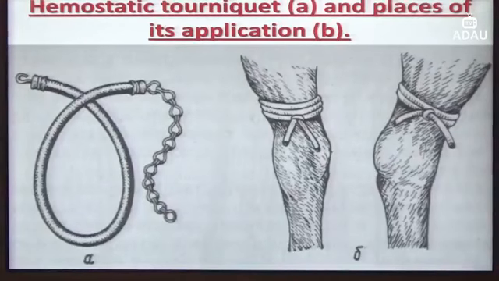The hemostatic tourniquet, as I said, we should apply some centimeters above the bleeding place. In the first picture we can see the tourniquet, and in the second, the places of its application, on hind limbs or forelimbs.